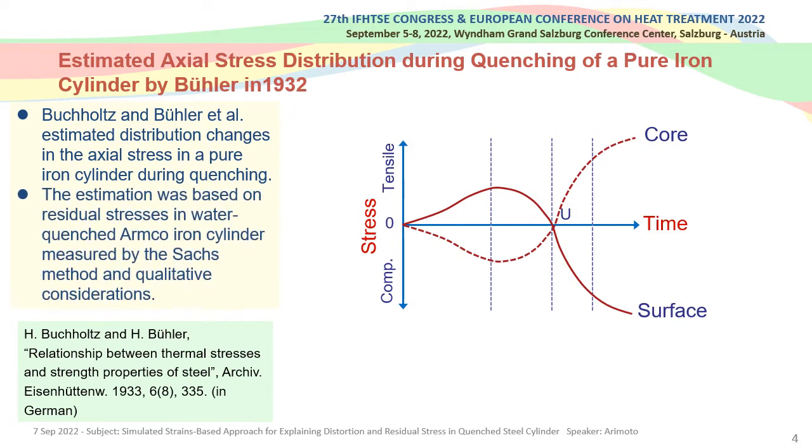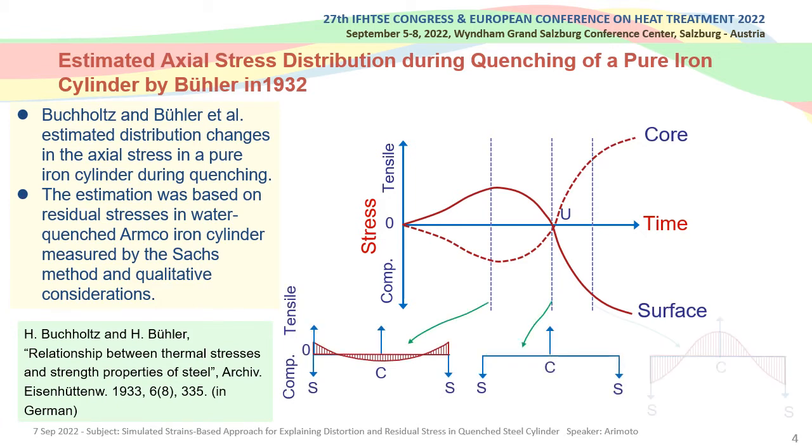The residual stress in a 50 mm diameter pure iron cylinder quenched in water was determined by the Sachs method. Based on these results and qualitative discussion, stress distribution was estimated in 3 stages.